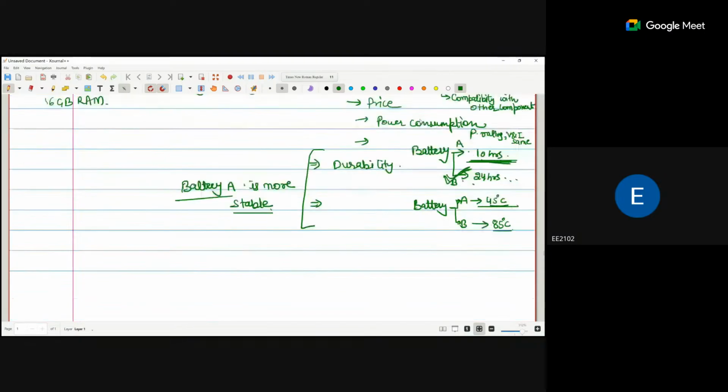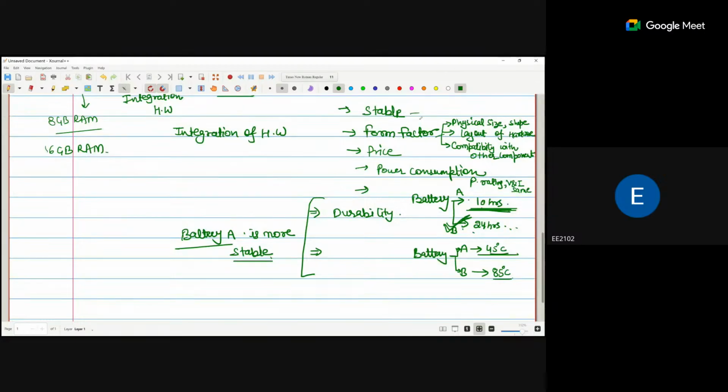Now, consider the minimum physical size when you want to create a particular device, for example, earbuds. We are creating earbuds with the smallest size so you can carry them easily anywhere.